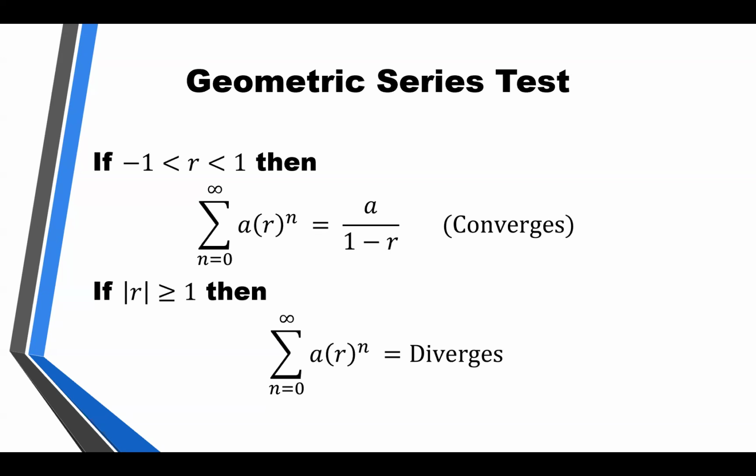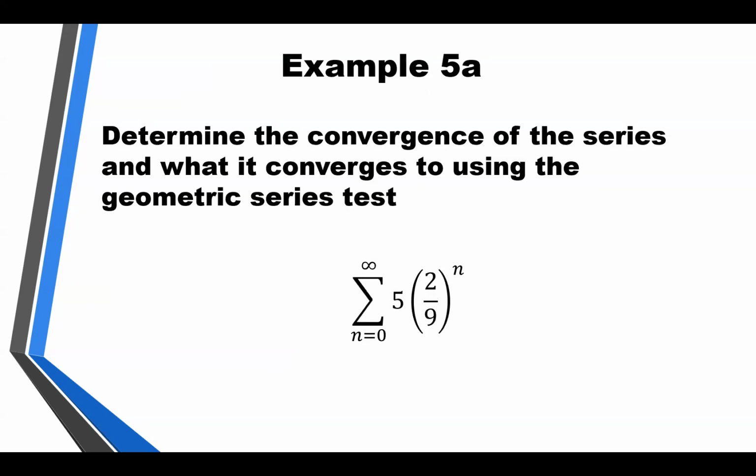And if it does converge, I can determine what it converges to. So let's take a look at another example. We're going to find the convergence of this series, which is a geometric series, and we'll determine what it converges to if it does converge using the geometric series test.